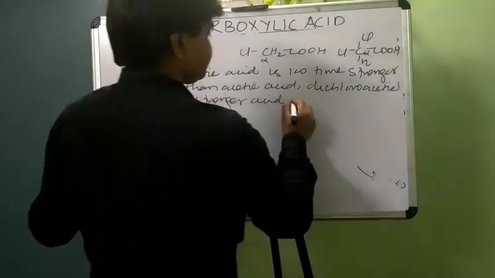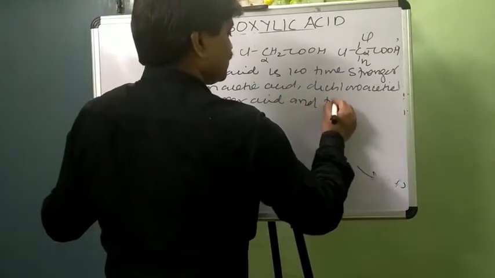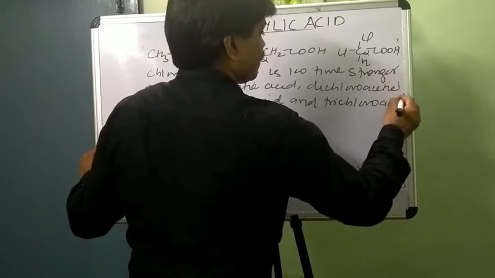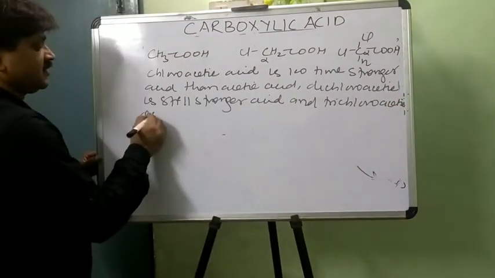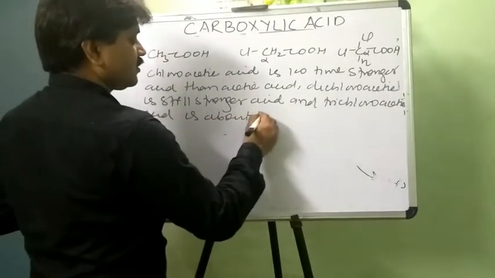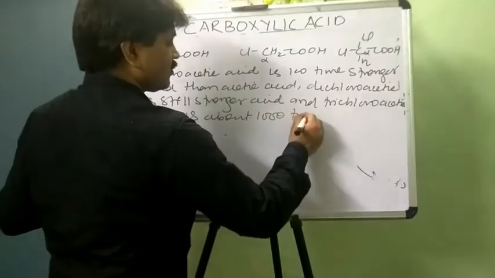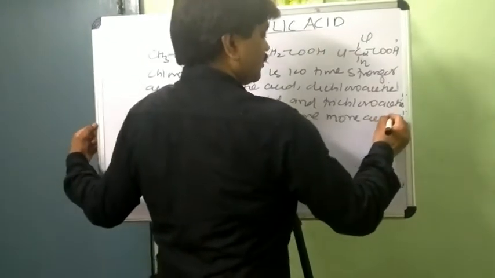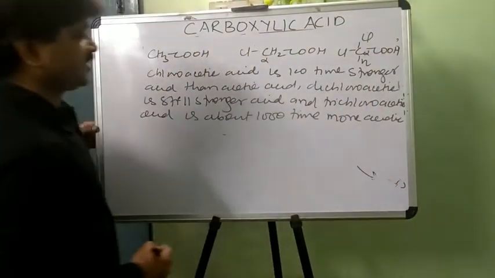And trichloroacetic acid is about 1000 times more acidic than acetic acid.